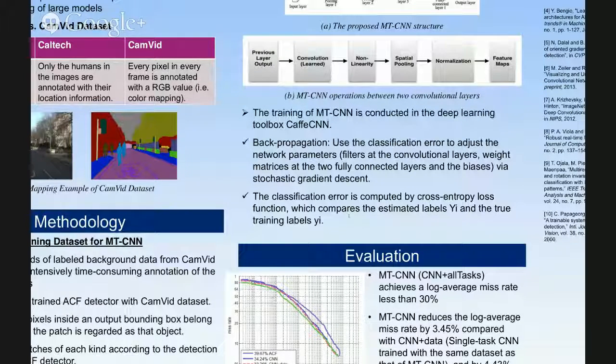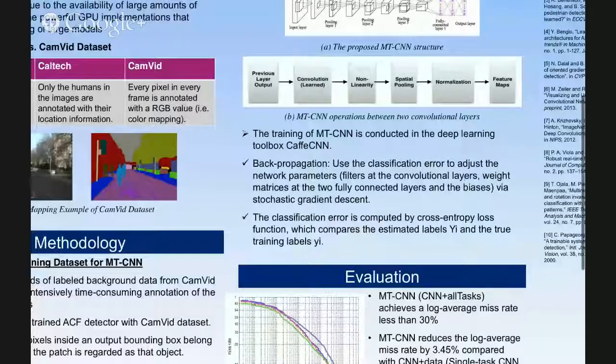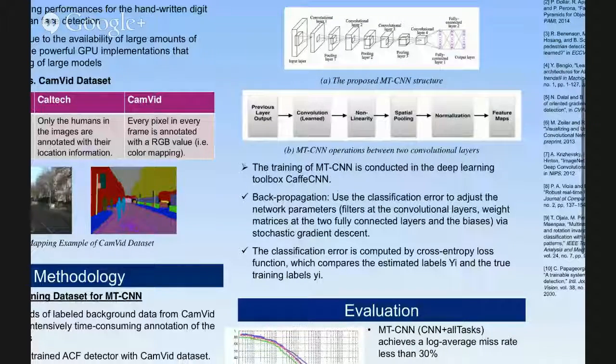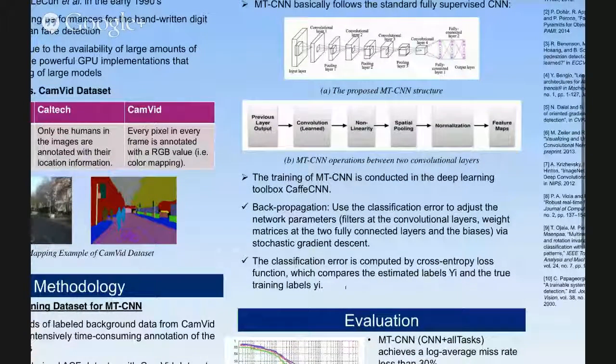It compares the estimated labels at the upper layer with the annotated training labels, and then the difference produced is used to adjust the network parameters.